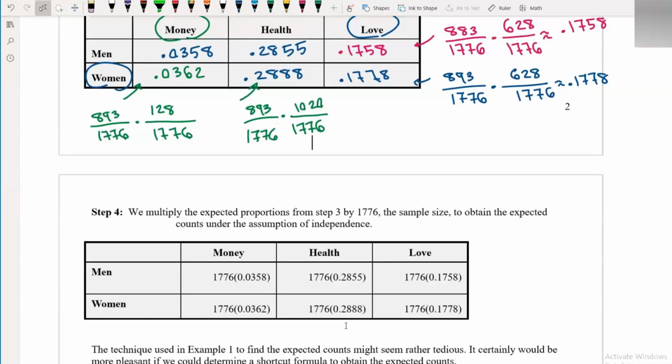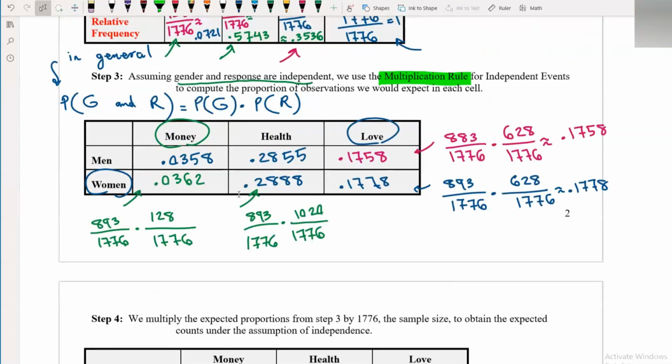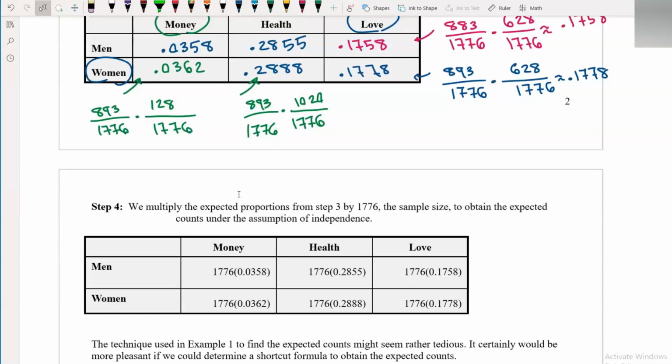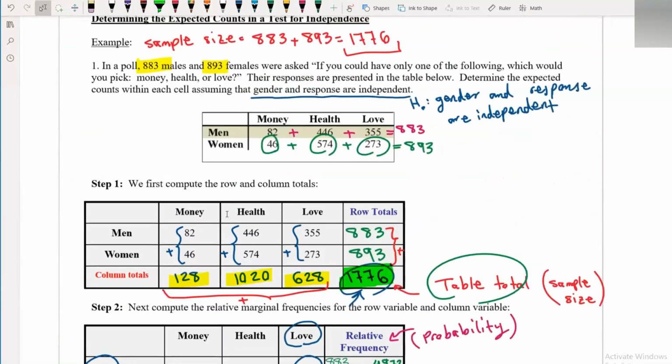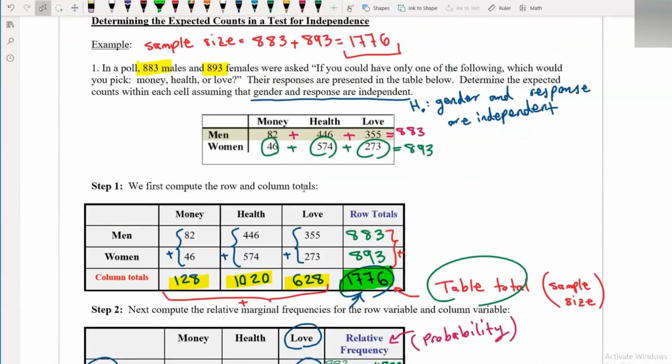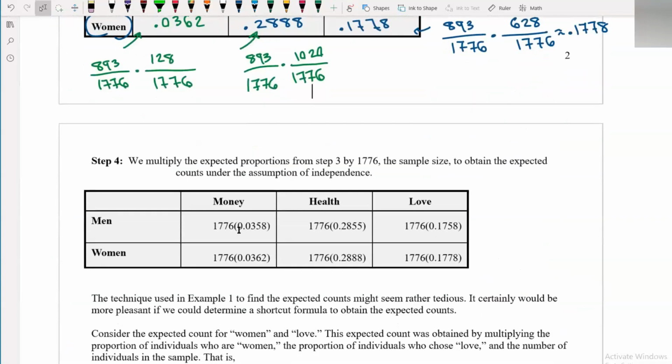Now step 4, we multiply the expected proportions from step 3. So whatever we had here on top, in step number 3, we have to multiply those numbers by our sample size. Our sample size is 1776, to find the expected count. So what was given on top here were observed values, and after multiplying by the sample size, we are able to find expected frequencies or expected counts.